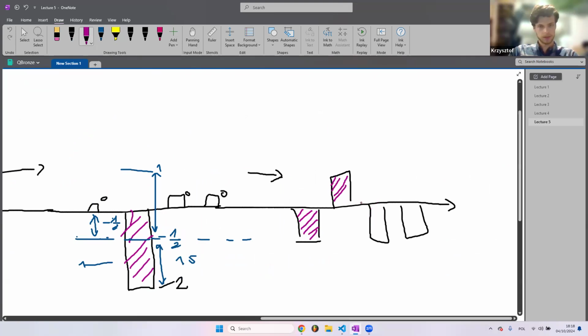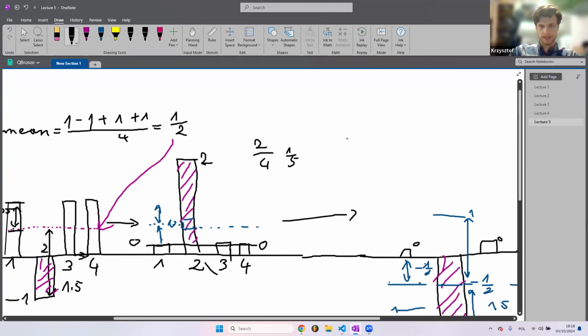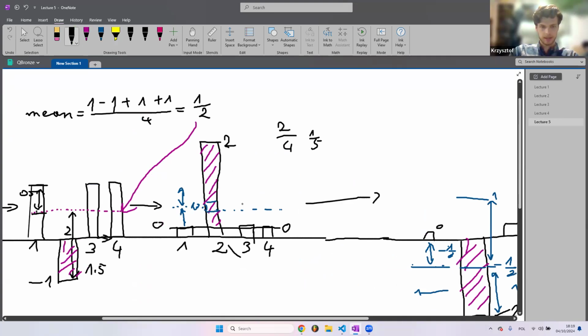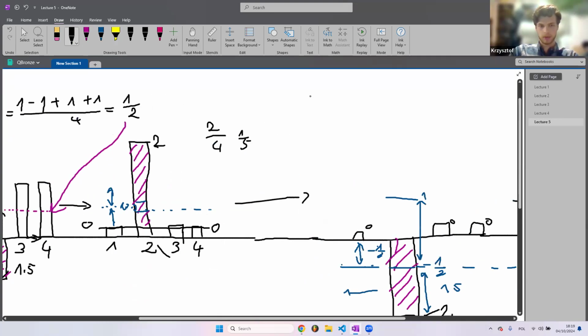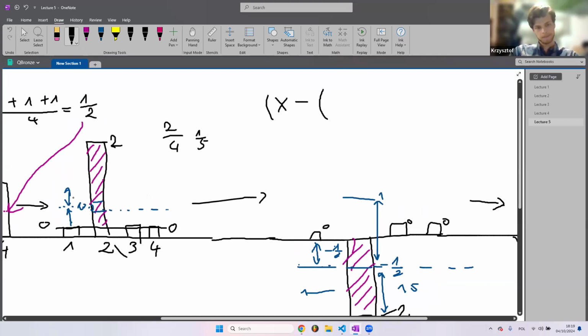I'm sorry, not here, only here. What is the formula used in the inversion about the mean? I do not remember exactly this formula, but I think that it is something like the value of x minus the value of x.